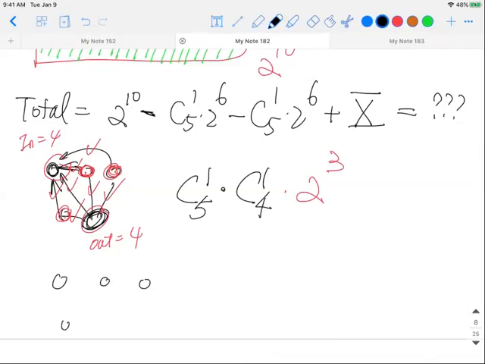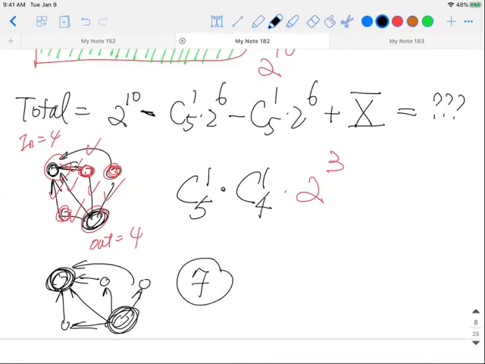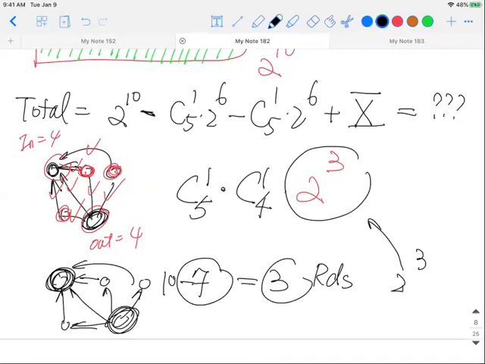I already have one town whose in degree is 4, and another town whose out degree is 4. I'm already using 7 roads. There are 10 minus 7 equals 3 roads remaining, which I do not really care about. So the 3 roads will be 2 to the power of 3. I think this part is more understandable, right?